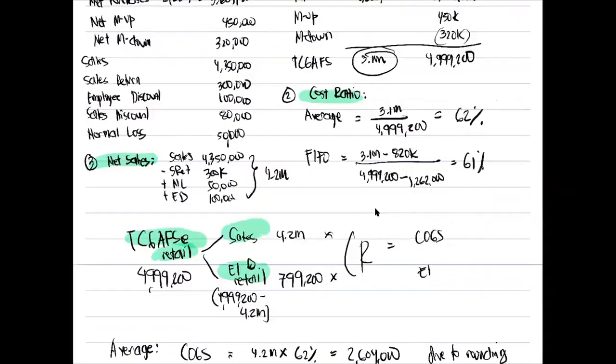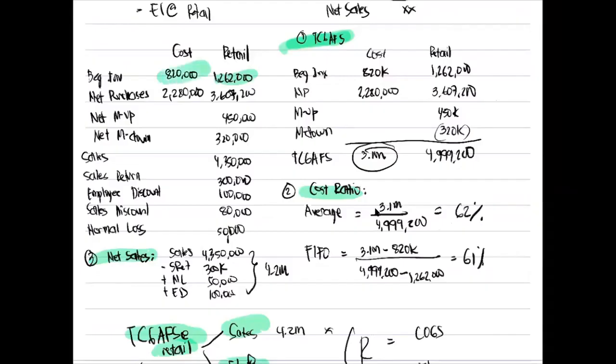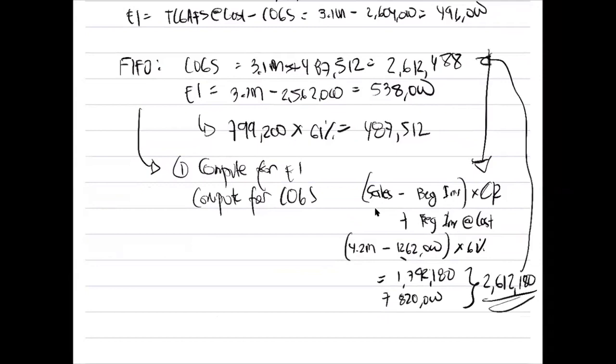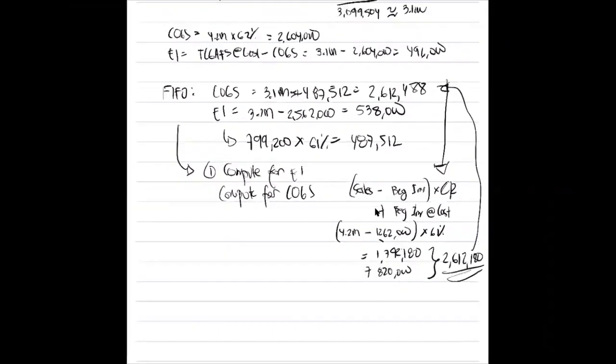Balik tayo dito. Our beginning inventory at cost is 820,000. So how much? 179,180 plus 820,000 will give us 2,612,180, or almost the same here. Okay? So ayan. Finally, nakuha na natin siya.